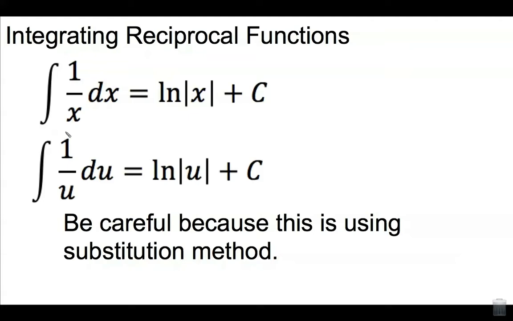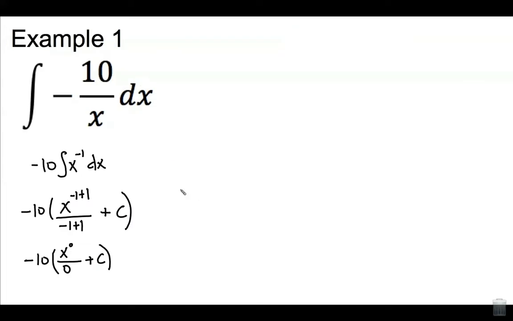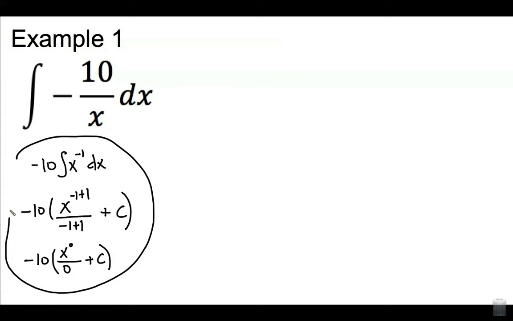Another way of rewriting this is this right here, and that equals the natural log of the absolute value of x, again, plus c. Whether it's this format or this format, both are equivalent to each other, and this here is the wrong way to do it.